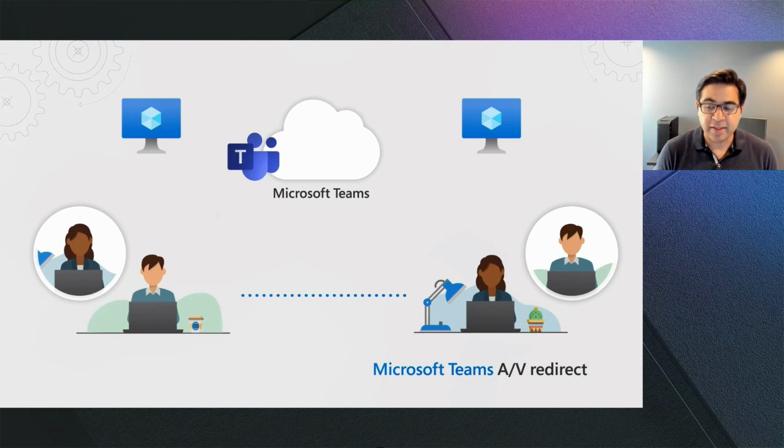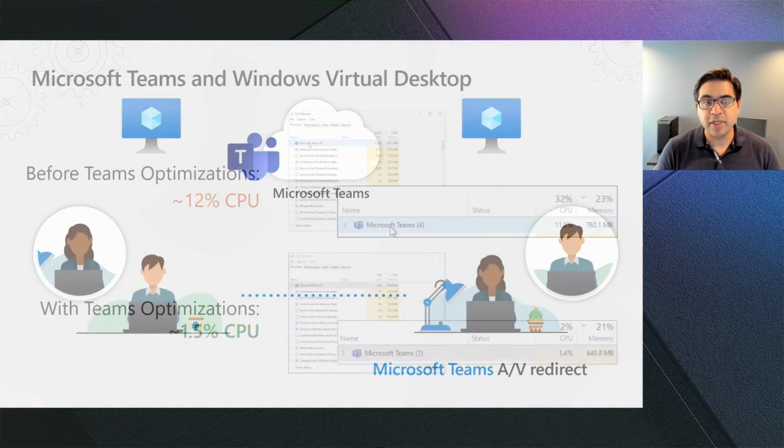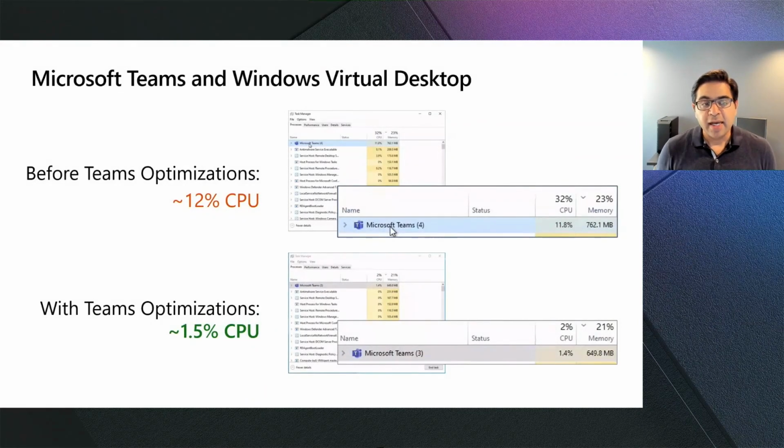But the really exciting thing about this is that above and beyond that calling experience improvement, you get a big performance improvement as well. And so your utilization in your VM goes down, and so you can get better density to reduce costs. And to give you a view of that, this slide has just 2 screenshots of Task Manager, one running without AV redirection and one running with the Teams optimizations that take advantage of AV redirection.